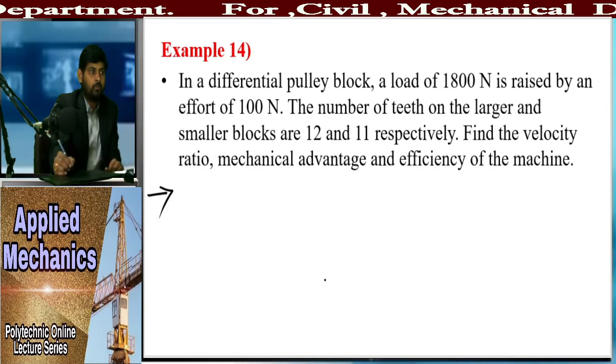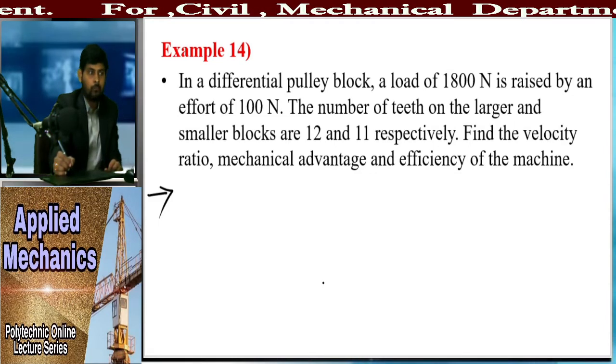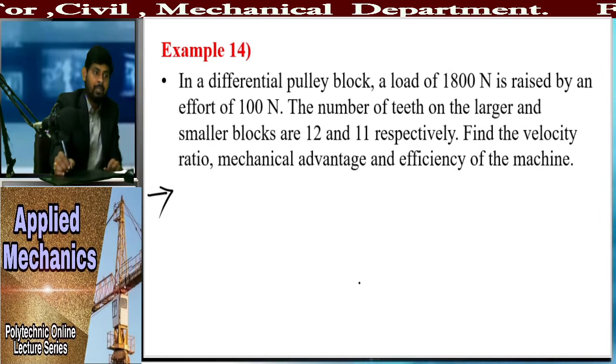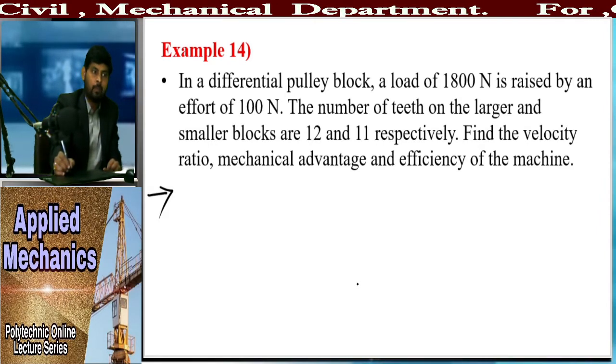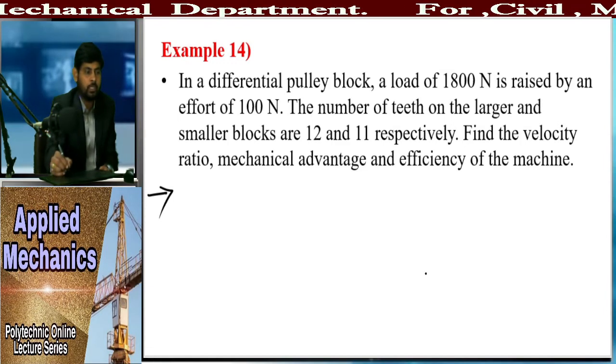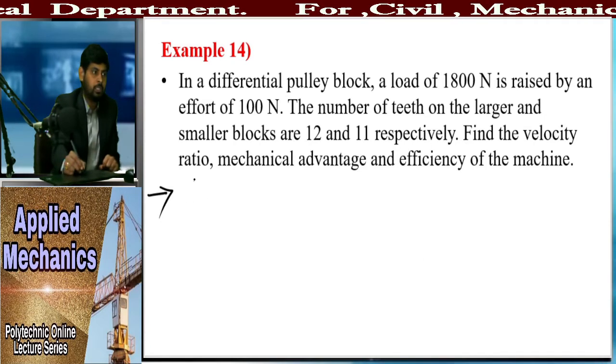The number of teeth on the larger and the smaller blocks are 12 and 11 respectively. Find the velocity ratio, mechanical advantage and efficiency of the machine. So we have to find out the velocity ratio, mechanical advantage and efficiency here.